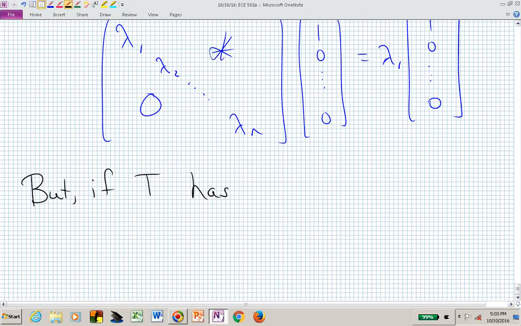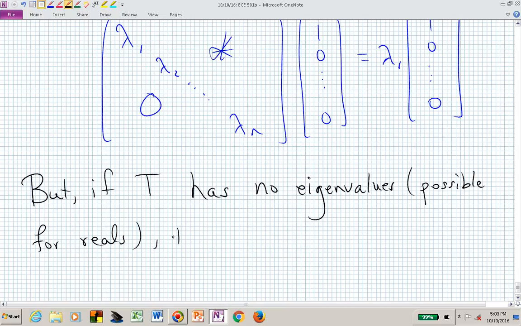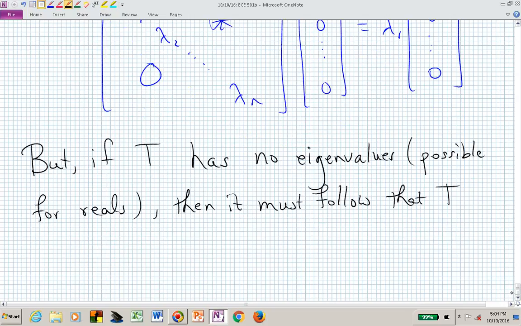So if T has no eigenvalues, and that's possible for reals, then it must follow that T, our linear operator, has no upper triangular representation or matrix form.